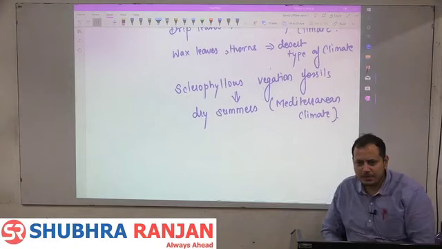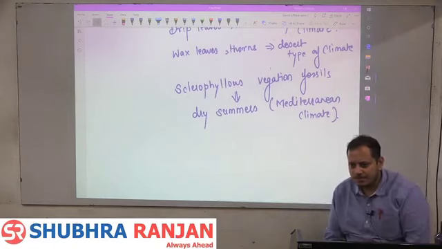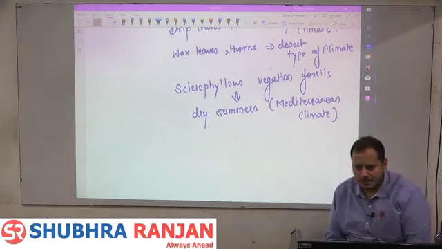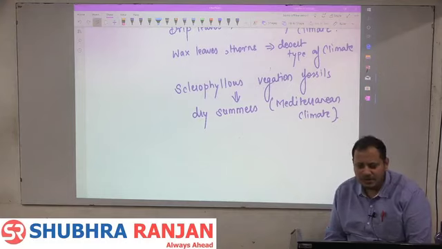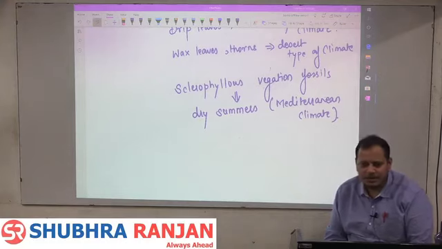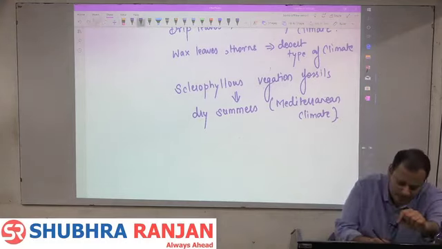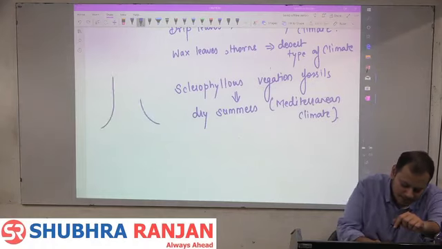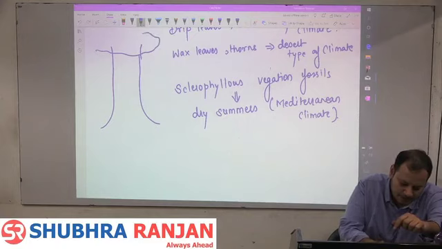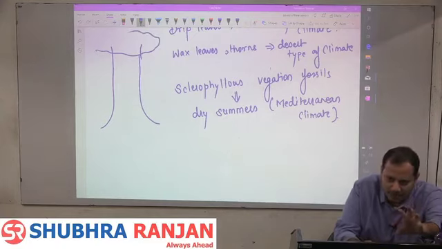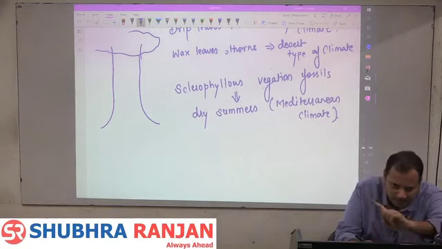What is sclerophyllous vegetation? Sclerophyllous or sclerophyll is a kind of vegetation that grows in the Mediterranean type forest. कि ये अगर tree है, in the Mediterranean type of climate, we have just seen that it is very hot climate. Why? Because of the dry summer season. Winters may it gets rainfall, but summers are very, very dry.